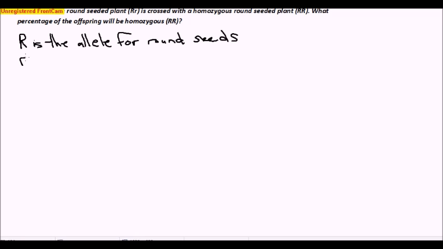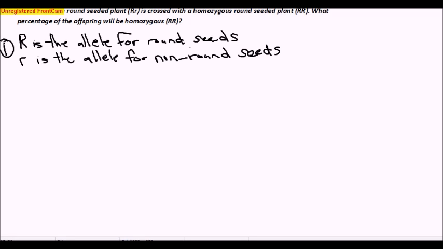Small r is the allele for non-round seeds. Okay, now the next step, that's step 1.